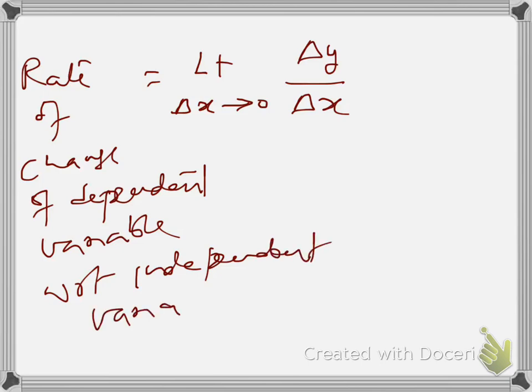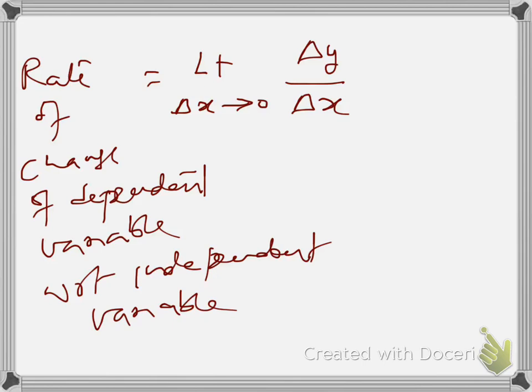Okay, always the independent variable is in the denominator, the change in independent variable, for example delta x, is in the denominator, the change in dependent variable is in the numerator, and the change in independent variable goes to 0 because it is not average rate of change, it is exactly rate of change.